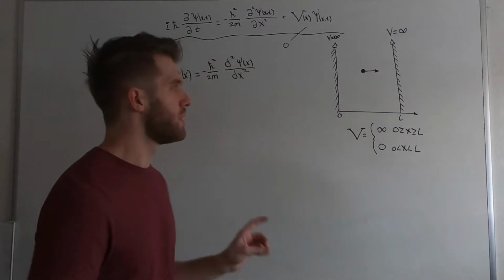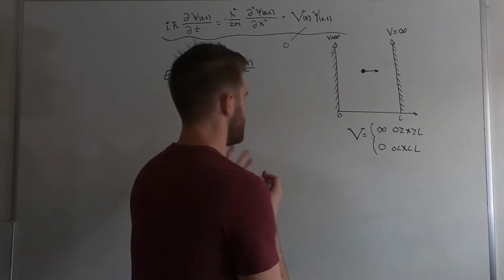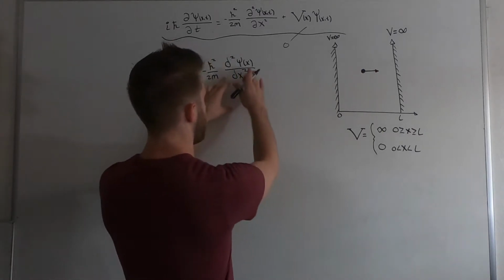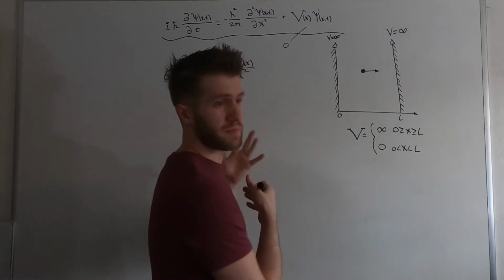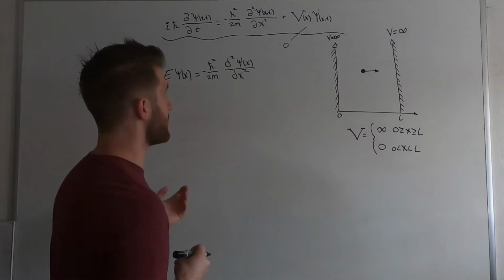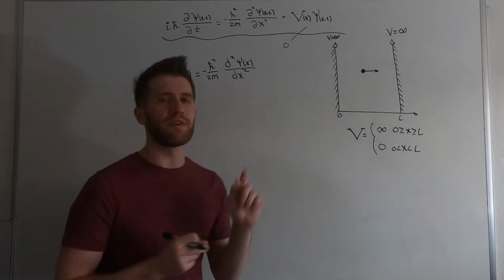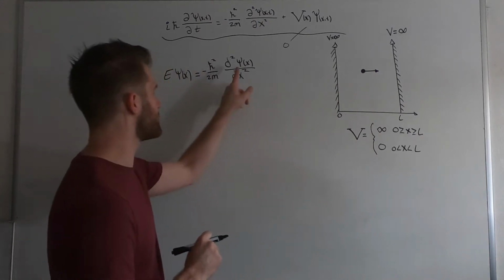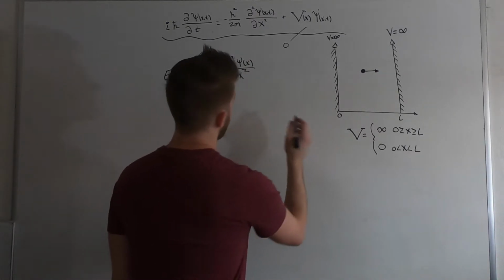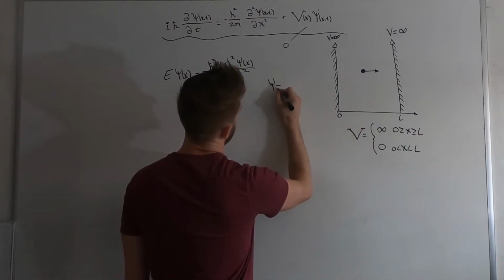Now, I want to point out another distinction that needs to be made here. We have two different kinds of psi characters that we need to distinguish. The psi that we're using is referred to as our eigenfunction. I briefly touched upon this before, but what we are solving for is the wave function, and these aren't necessarily the same thing. So the eigenfunction is just this.